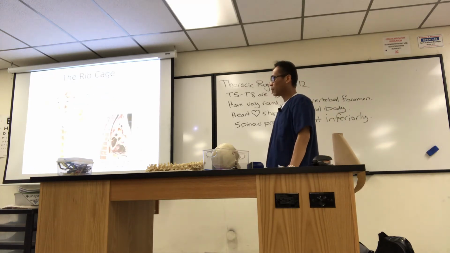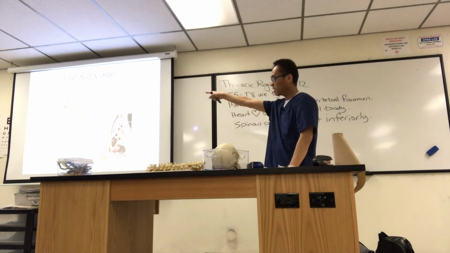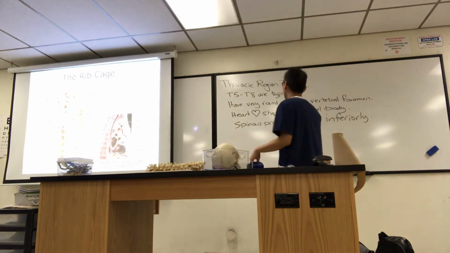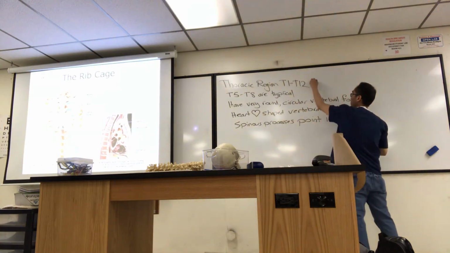All right, since we're talking about the thoracic region, now we have to teach the rib cage shown on our skeletons and shown in this picture. So in the thoracic region, the vertebrae articulate with ribs.